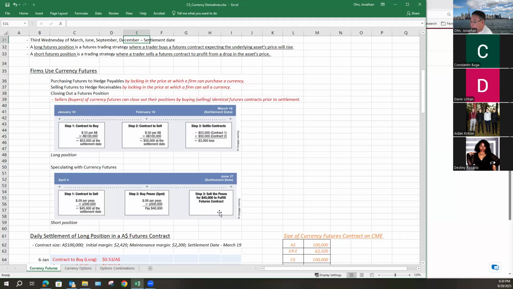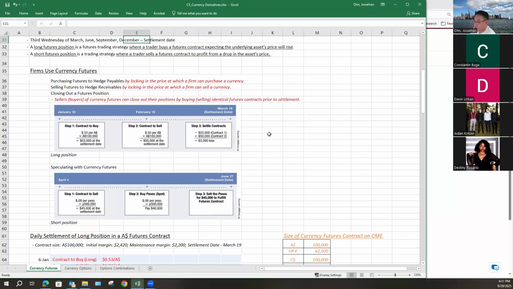At settlement date, this speculator will receive $45,000 and sell the pesos he already purchased, which cost $40,000. So this speculator's profit will be $5,000. Okay. Do you understand how that happens?